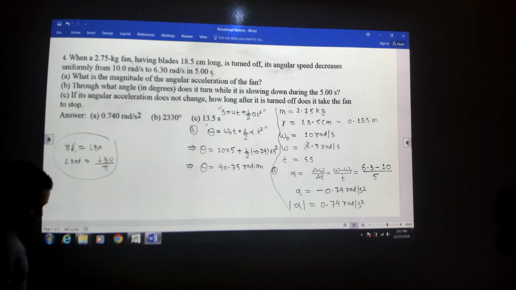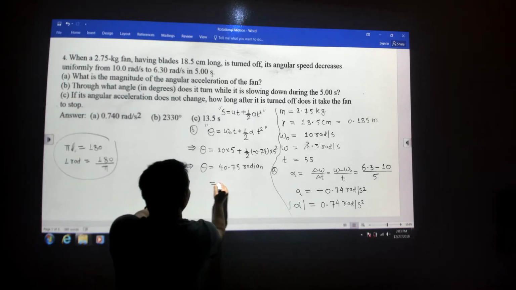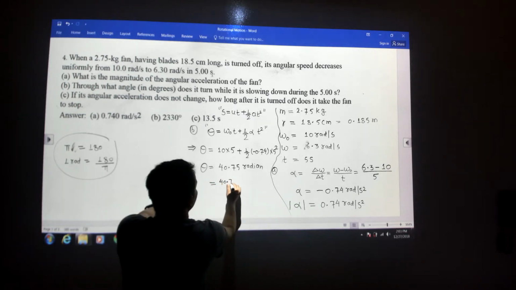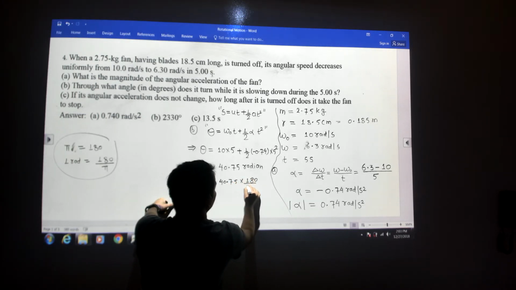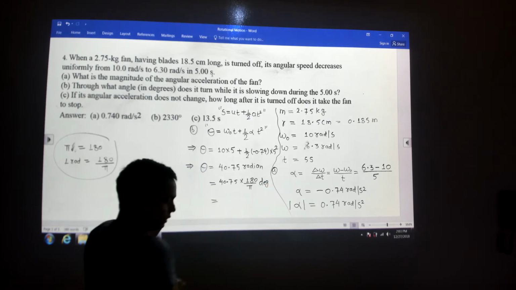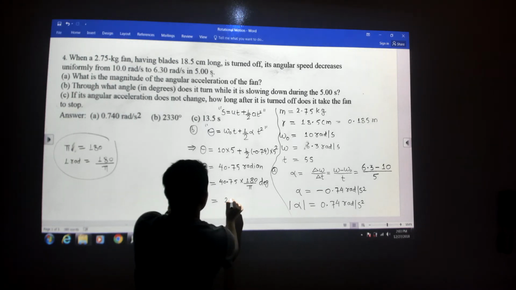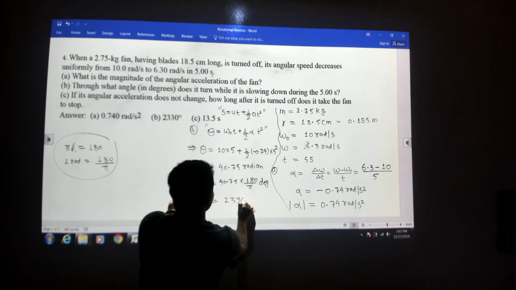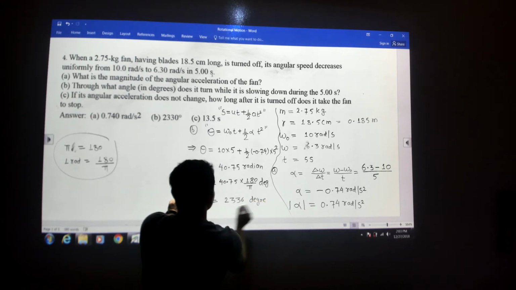So you just have to multiply this 40.75 by 180 divided by pi. This is in degree. When you do your math, you will get 2336 degree. This is the angle.